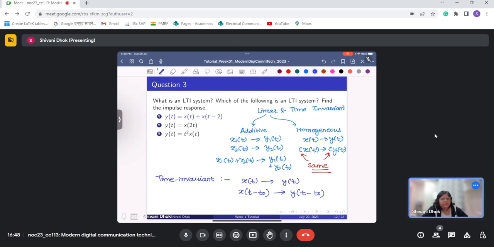That is the meaning of time invariance. So if I shift the input by that factor, the output should also get shifted by that factor.